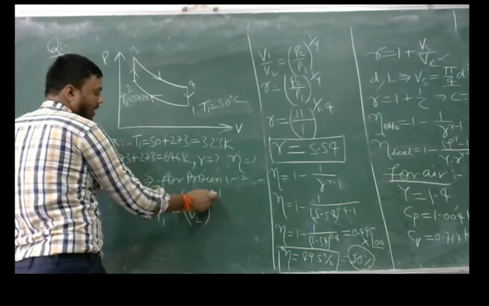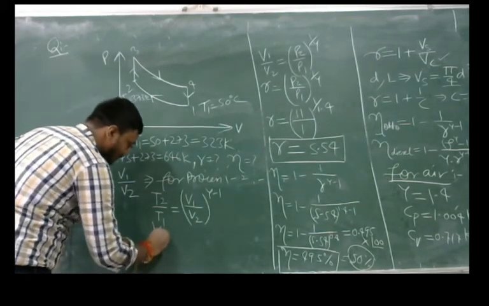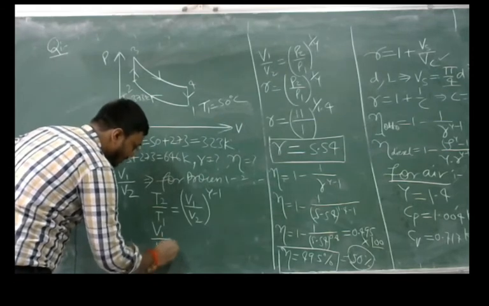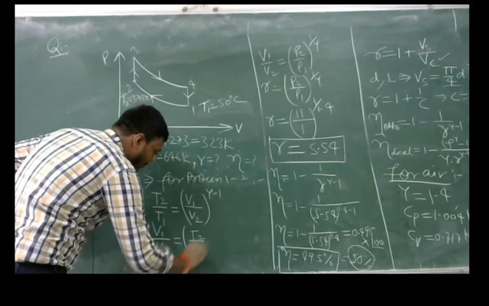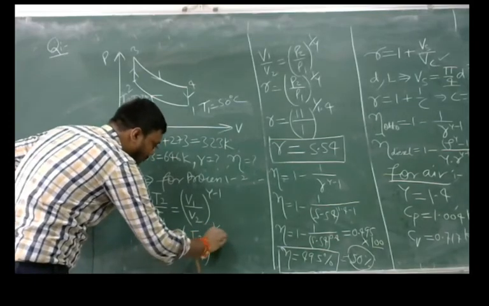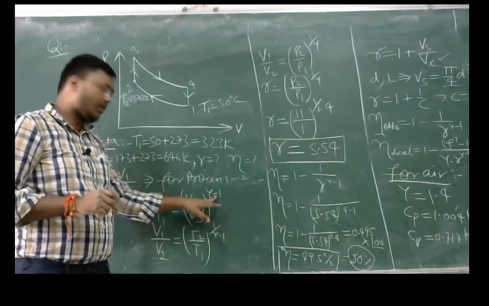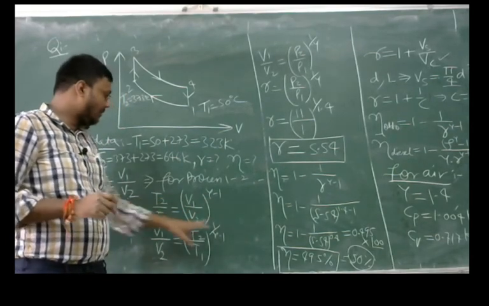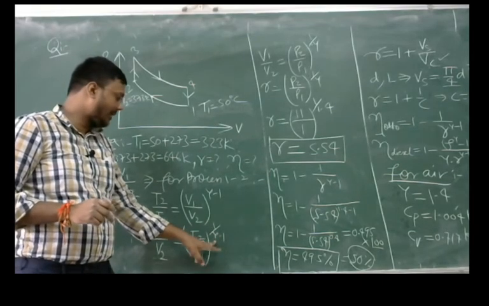So transfer this power to the opposite side, and we will get V1 by V2 equal to T2 by T1 to the power 1 by gamma minus 1. When we transfer the power from one side to the other, it becomes reversed.